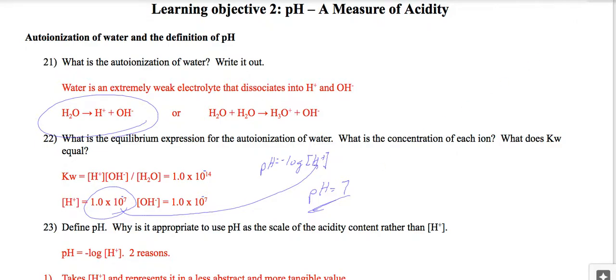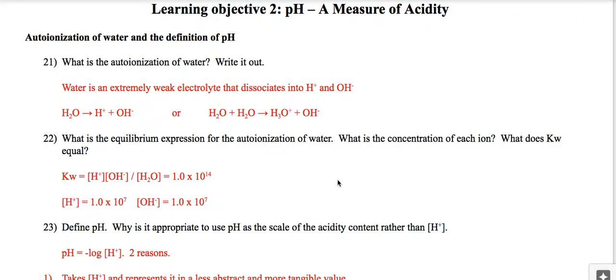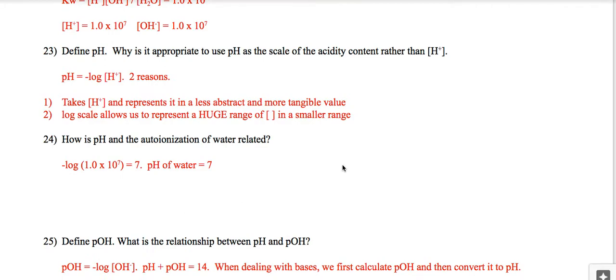All right. Why is it appropriate to use the pH for the acidity rather than just look at the concentration? There's two reasons. First, it takes this huge abstract number like 1.0 times 10 to the minus 7th and represents it in a way that's tangible. I can think about it as being a 7, a 6, a 5, something like that. But when we start dealing with scientific notation like times 10 to the minus 10th or something, it just becomes very difficult.